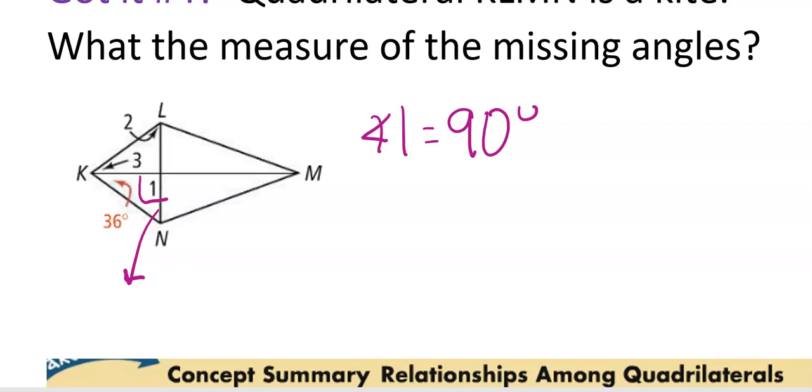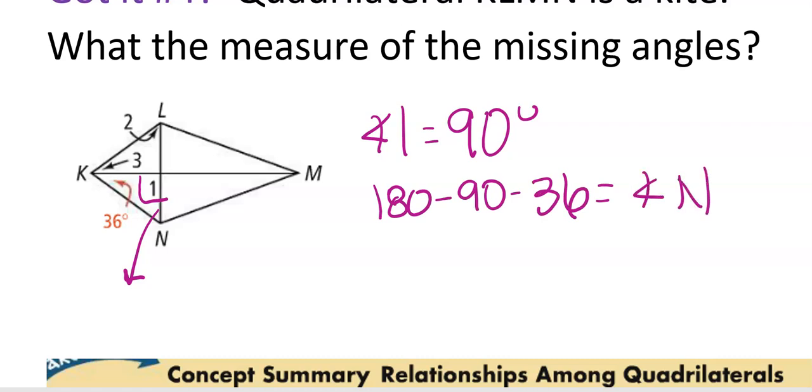Okay. And how do we find that? 90 plus 36 and 180 minus that. Yep. So 180 minus 90 minus 36 would give you angle N. And you said that was the same as angle 2, which is correct. So for this one, angle 2 is 54.